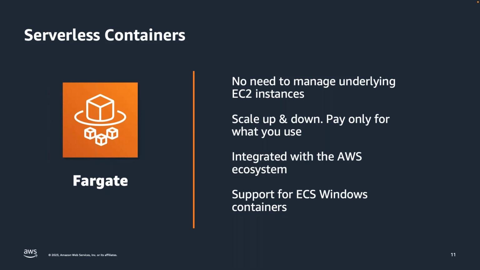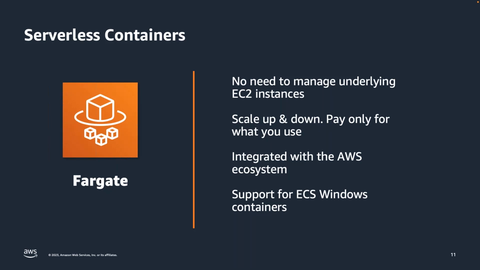It gives you an option to pay only for what you use. This becomes extremely powerful for an event-driven application, where as the event comes in, the orchestration platform can spin up your workload as a Fargate container, run that business logic, and once it's done, spin it down.